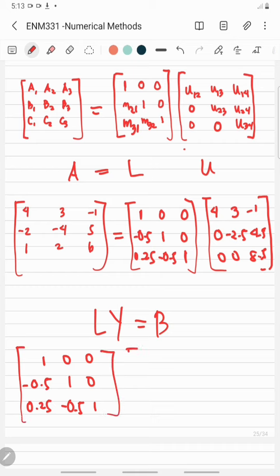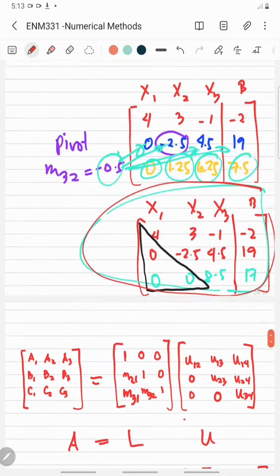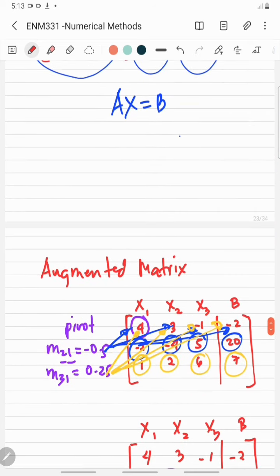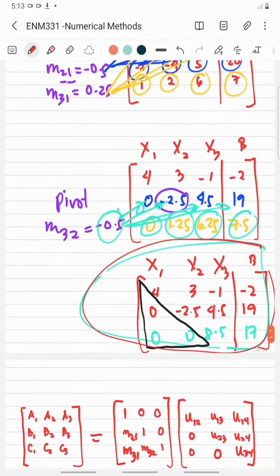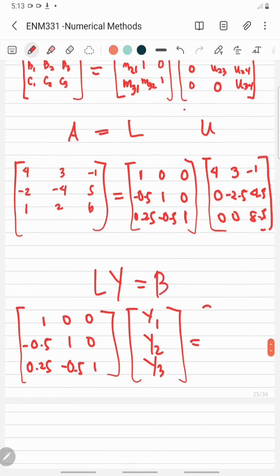Then for our vector y, we have y1, y2, and y3. Then this is equal to the constant matrix, we have -2, 20, and 7.